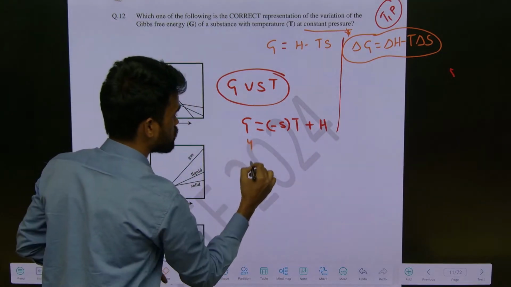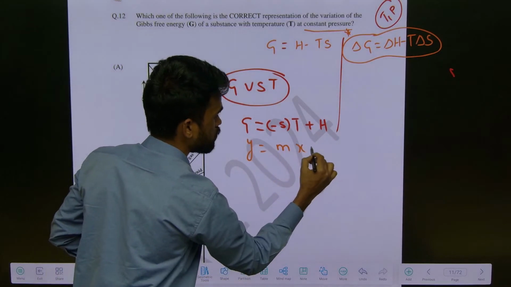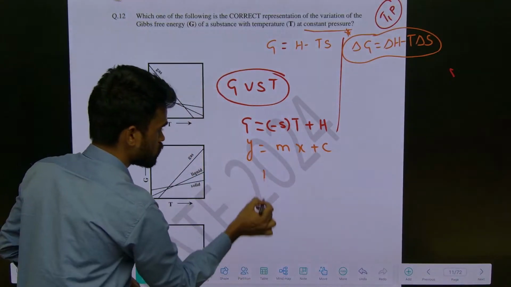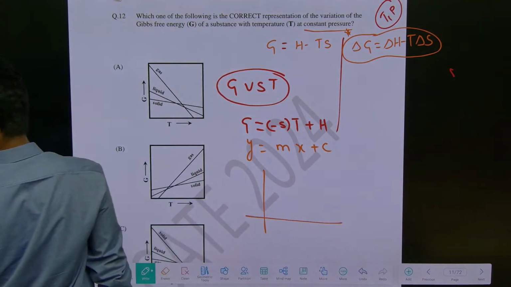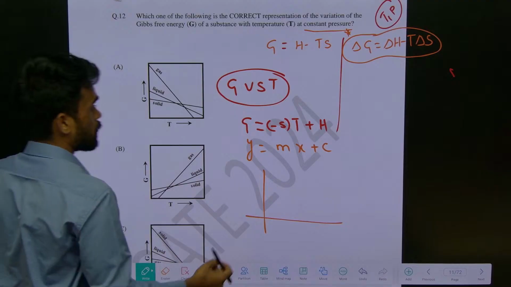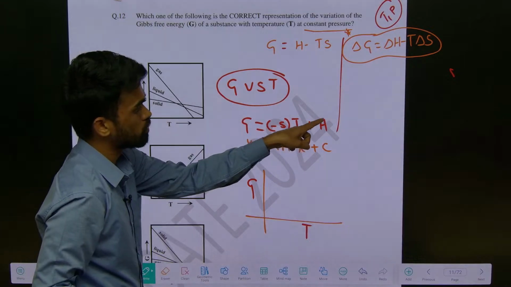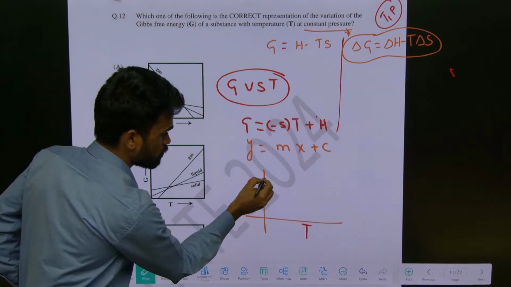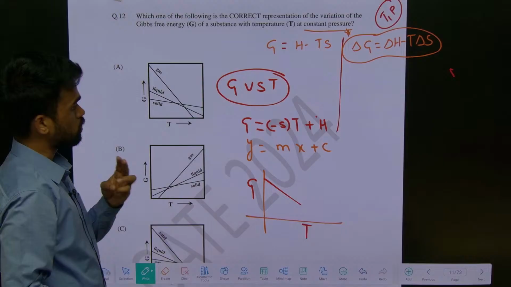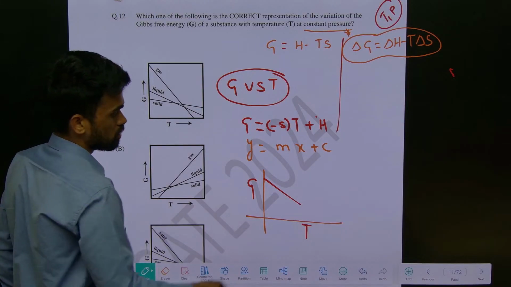So it becomes a y equals mx plus c type graph. Now try to draw this. Here G, here T. The slope is negative, the intercept is positive. It means something like this. Now try to draw 3 lines like that.